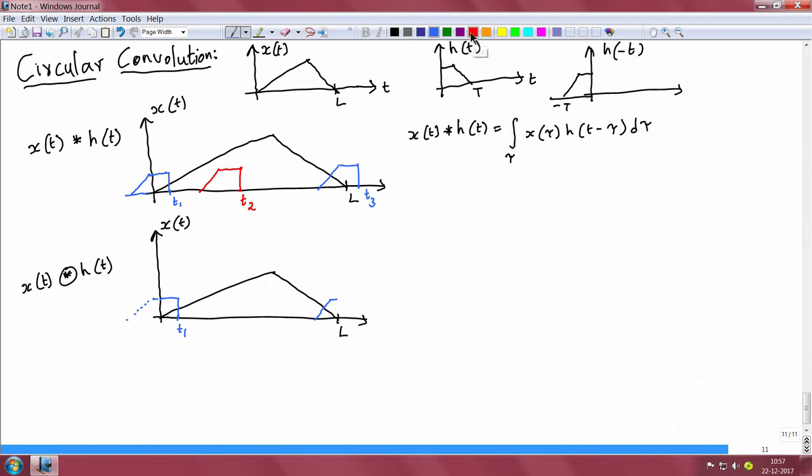If we are looking at a signal somewhere in the middle, it is not going to be different from the linear convolution. But let us say I look at another shift T3, like we have seen here. In order to avoid confusion I will just put this shifted version here.